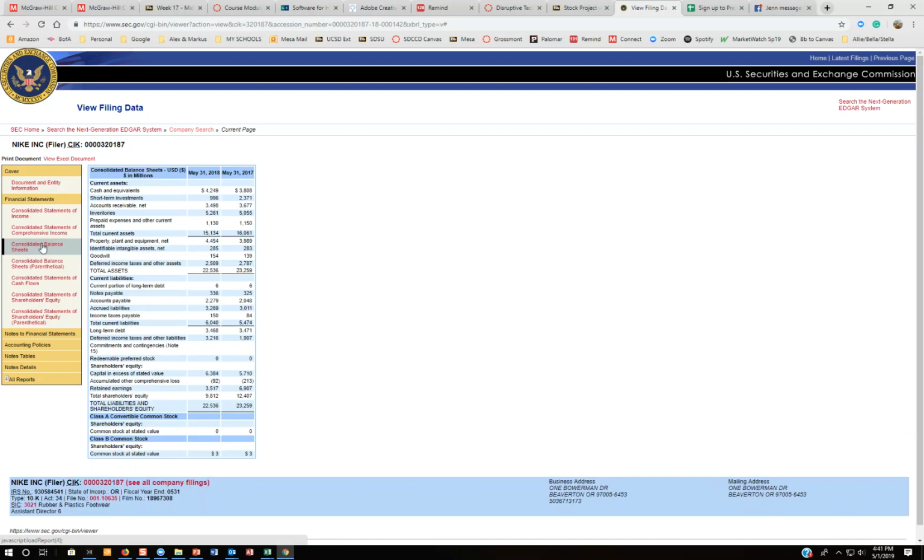So let's say, for example, I was looking for current assets, and there are my current assets. Okay, so let's say I wanted to do current assets over current liabilities. That's one of my ratios. So here would be my current assets, and then if I look down over here, there's my current liabilities. Boom, I take that over that, and I'm done.